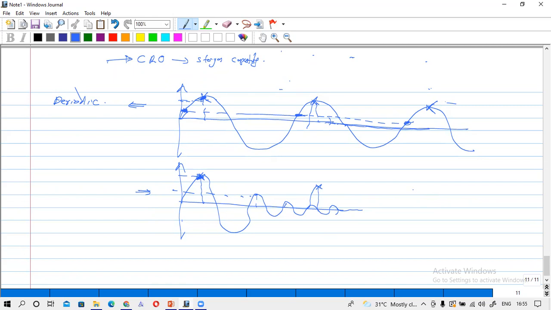So this kind of non-repetitive signal, we call a non-periodic signal. So these are two types of signal, periodic and non-periodic.